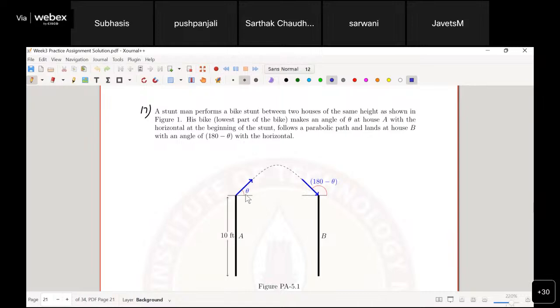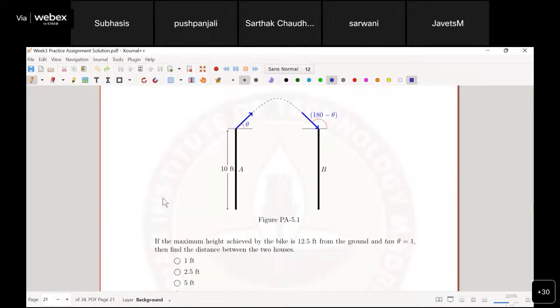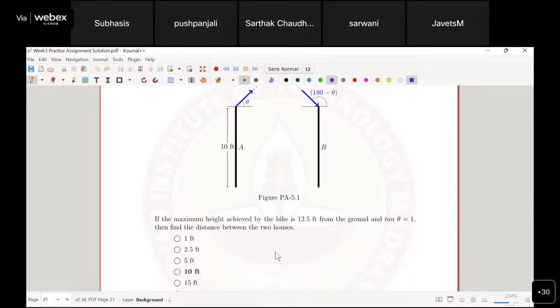So as you can see, this angle is 80 minus theta and this angle is theta. If the maximum height achieved by the bike is 12.5 feet from the ground, and tan theta is 1, then find the distance between these two houses. So what is your doubt?